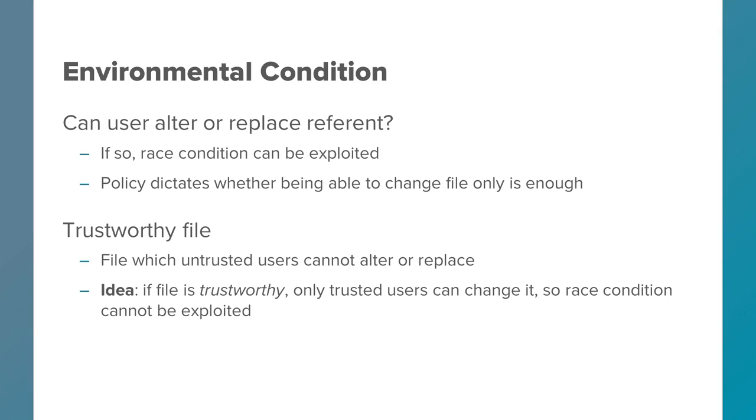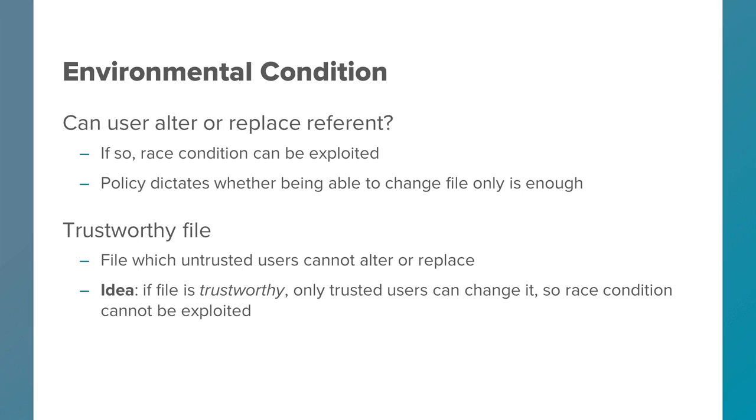Now, the policy that your system has dictates whether or not changing the file is all you need to do. If you're reading or writing, the question is, can you change something farther up in the path? That is, you may not be able to change the object, but you may be able to change what the path means, so it goes off to a different object.